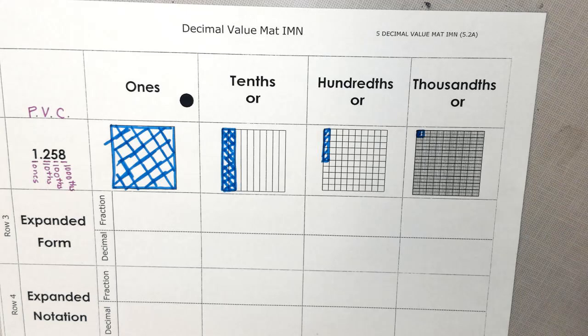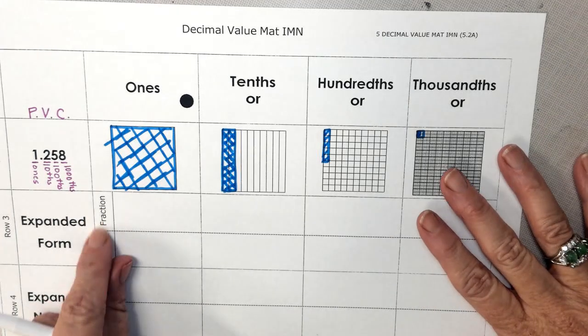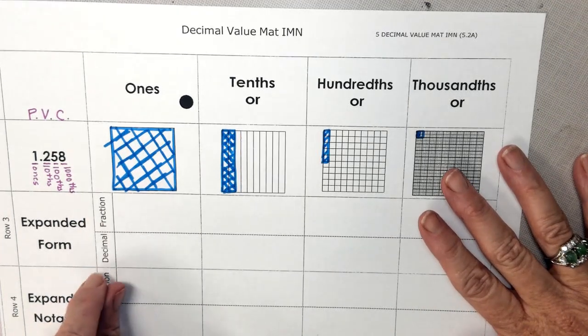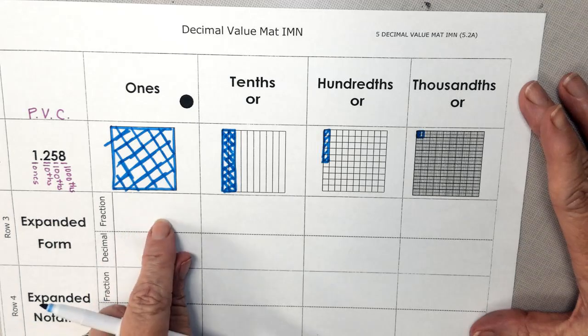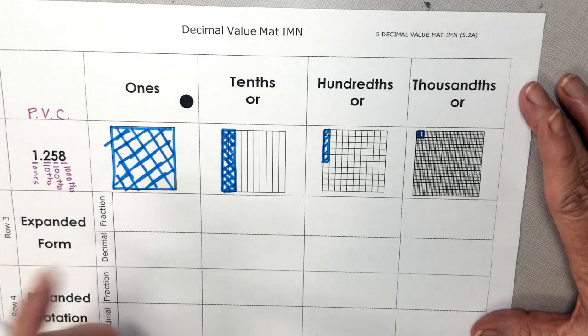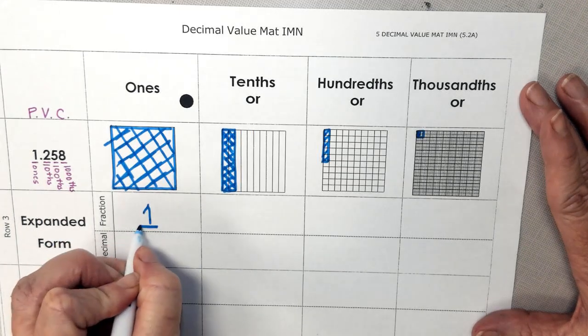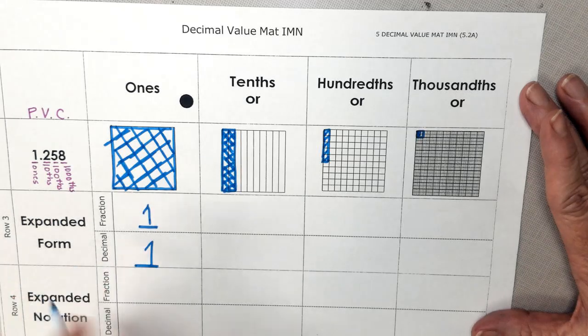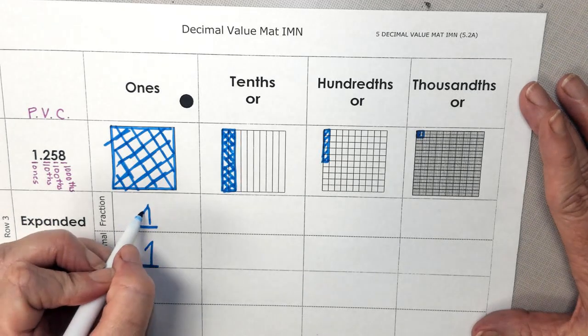Expanded form. We have 2 ways that we want to write this. We have the fraction way and we have the decimal way. So when we start with our whole number, we start with the number 1. And the number 1 is just the number 1.